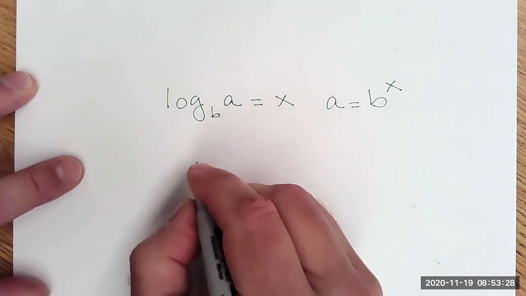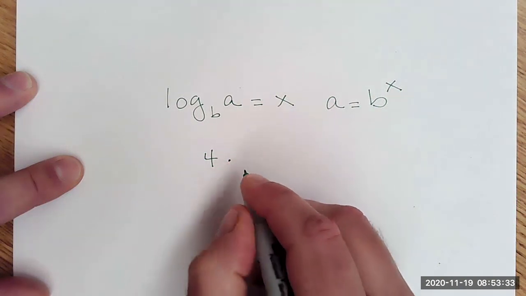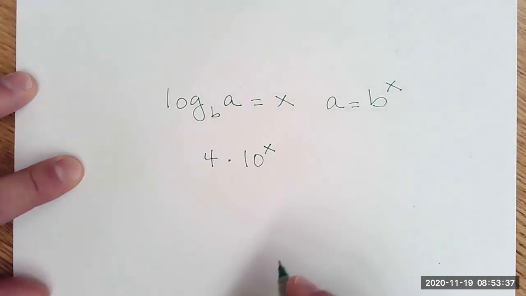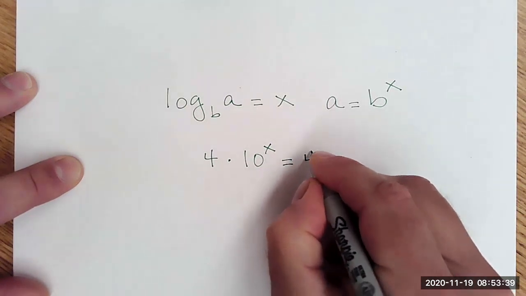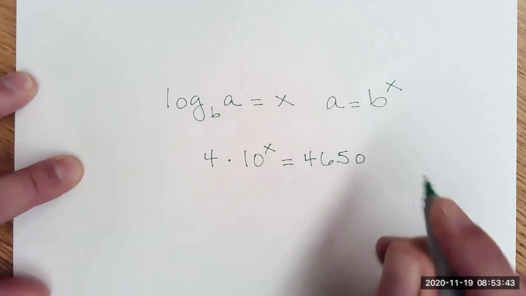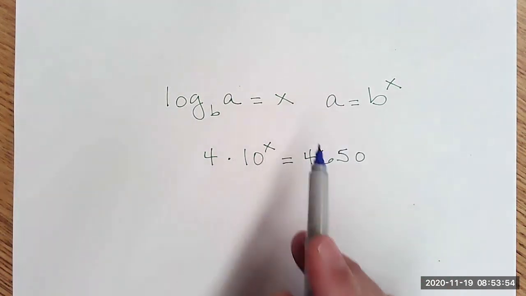So my next problem is 4 times 10 raised to a power of x equals 4,650. Using reverse order of operations, I need to undo part of this first before I turn it into my equivalent form here.